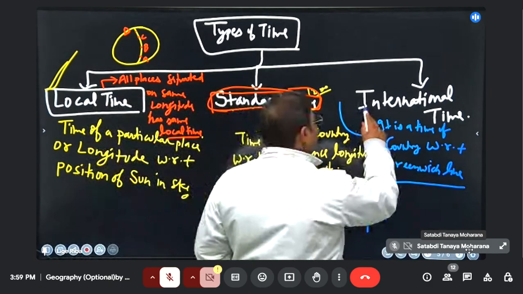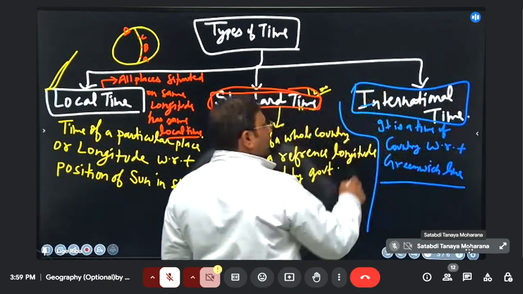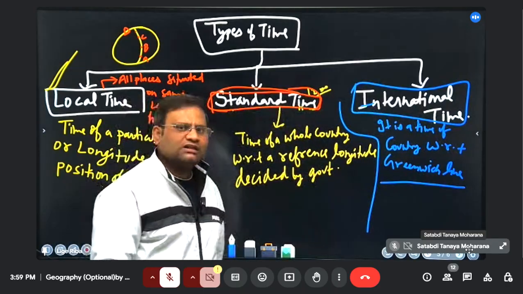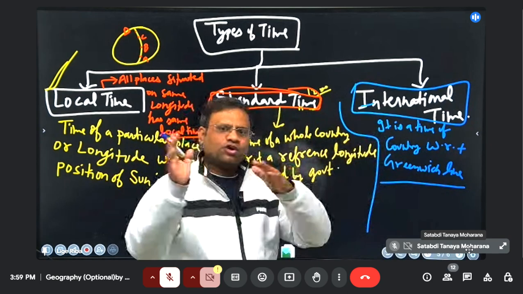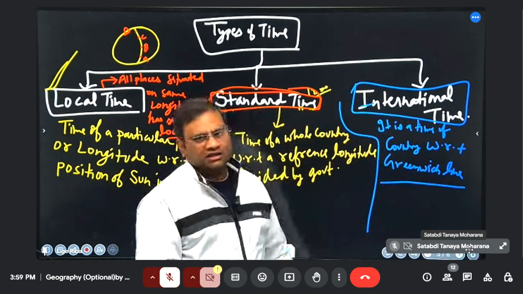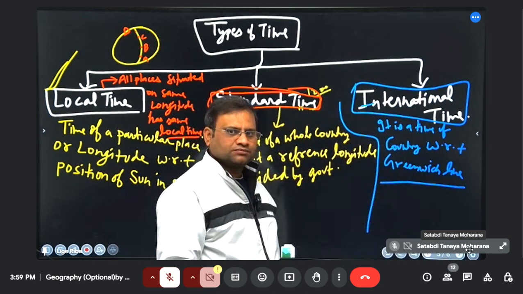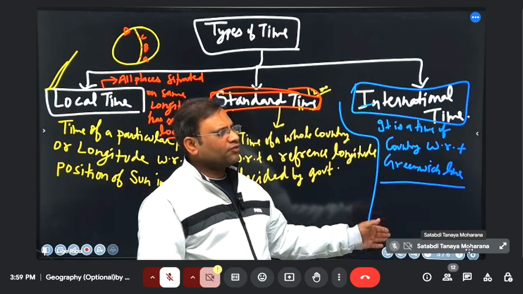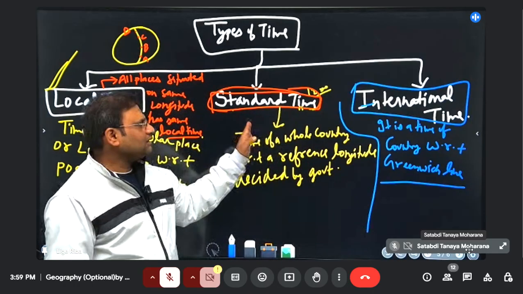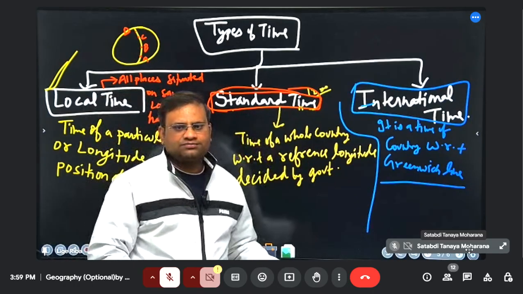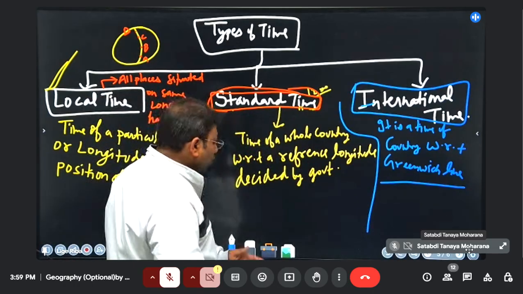So the local time of London, because Greenwich passes through London, is considered, and then the time of other longitudes or other countries is decided. So actually the local time of London is the international time of London. The local time of Allahabad is the standard time of Allahabad. Isn't it?